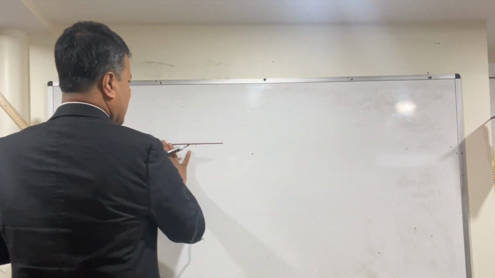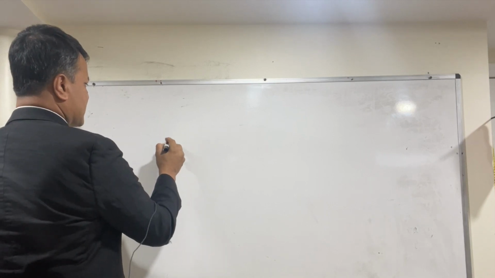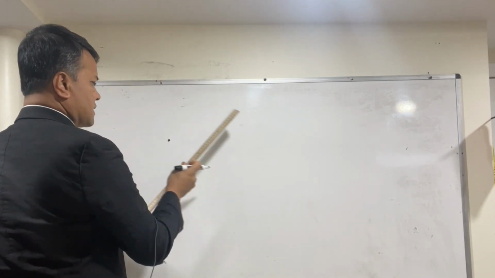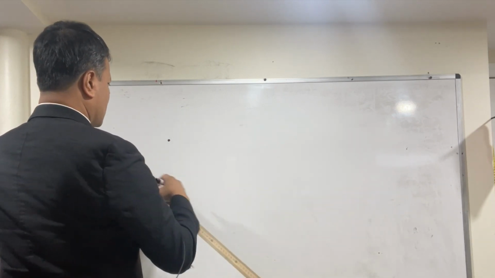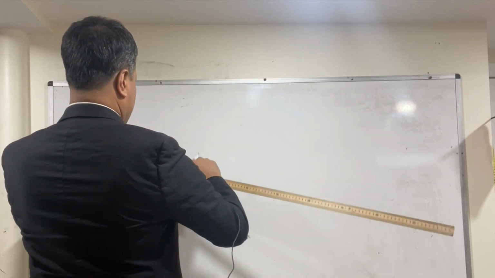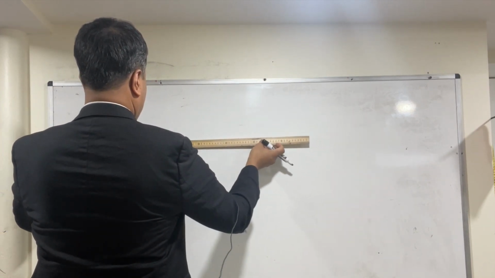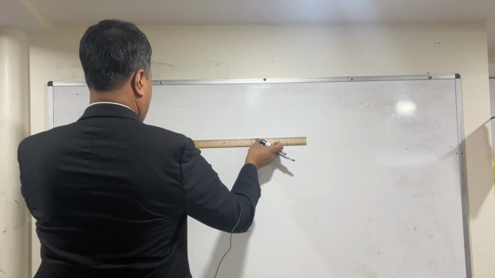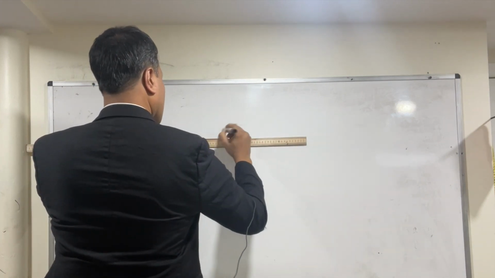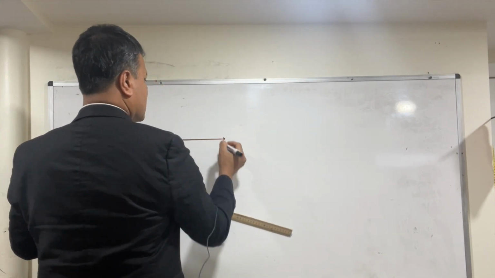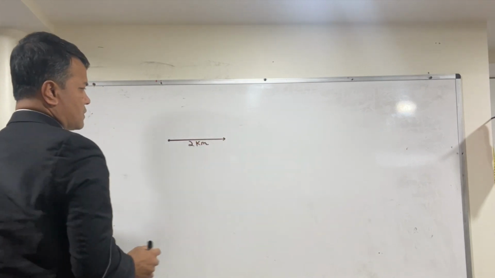So let's construct a line that represents 2 kilometers. Let's say 20 centimeters is the 2 kilometers. So this is 2 kilometers to the east.